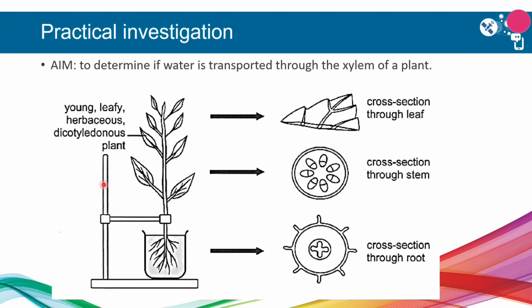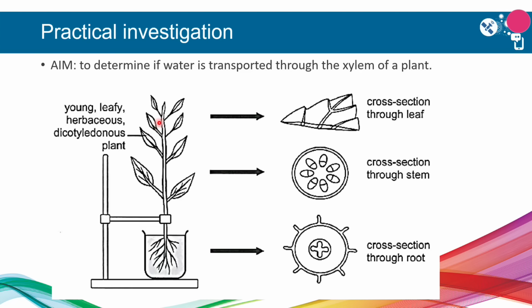So here we have a plant, and they should have also indicated that this plant is placed inside of water, and this water contains a dye. Let's say in this case it has a red dye in there. Okay, and this water and the dye will now need to be absorbed by the roots and then transported through the stem all the way so that it eventually reaches the leaf.